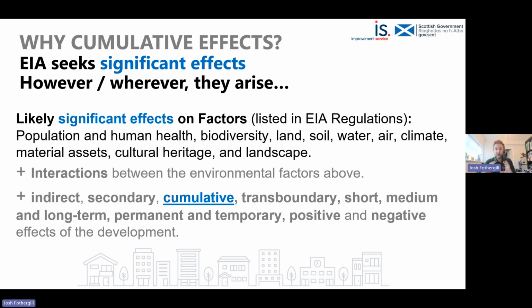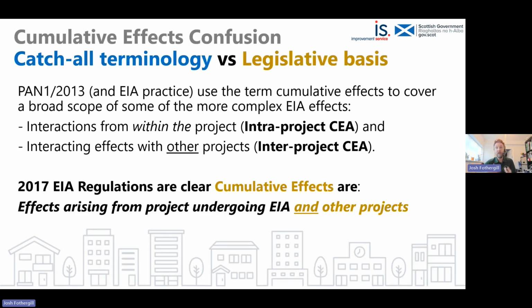So cumulative effects is there in the legislation, but also cumulative effects is then used in practice. And this is certainly one of the areas where complexity can emerge and where some confusion can emerge. So I thought I'd just address that up front before we actually dive into what the regulations say cumulative effects are, what the law says about it, and then look at some different types of cumulative effects.